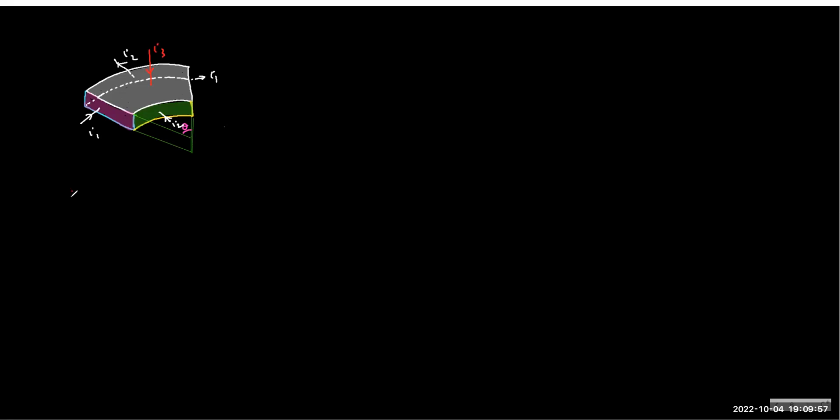So we have to assume that theta is tending to 0. It's a very small angle. Particularly, it's the thinnest slice of cheese which you cut. And what is given is that the inner radius is A and outer radius is B. This is A and this is B. And the thickness is given as T.